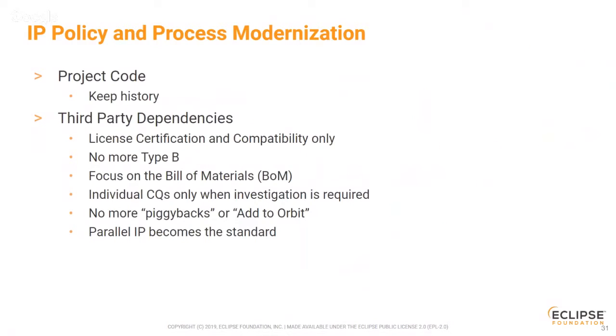So a bit more depth. What we hope to provide at the end of this is, first and foremost, with project code, content that is owned by the project team, developed by the project team, maintained by the project teams. We're not going to make too many changes in terms of process, other than I'm hoping to make changes that allow new projects to keep their history when they arrive at the Eclipse Foundation.